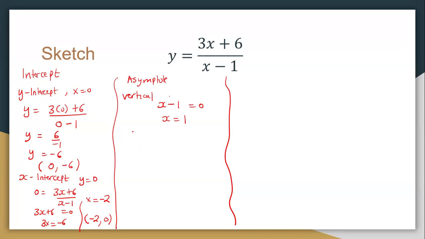The vertical, then the horizontal, we divide by the highest power. Why and what have you based on to divide? What I'm basing on to divide is among the rules.